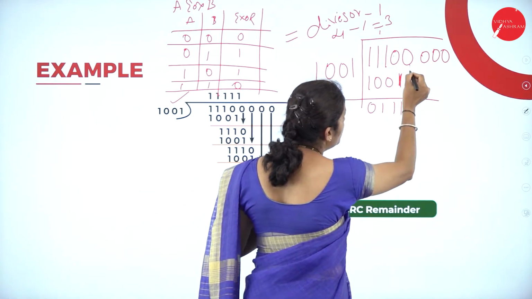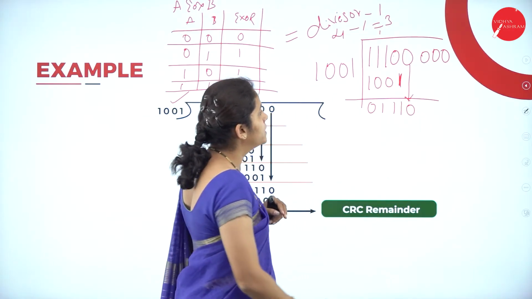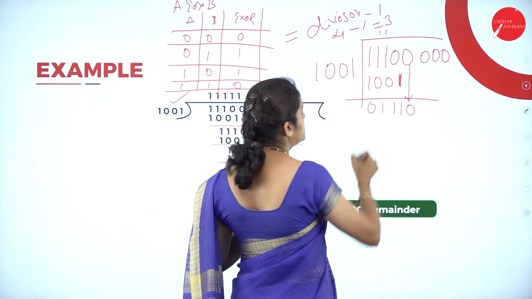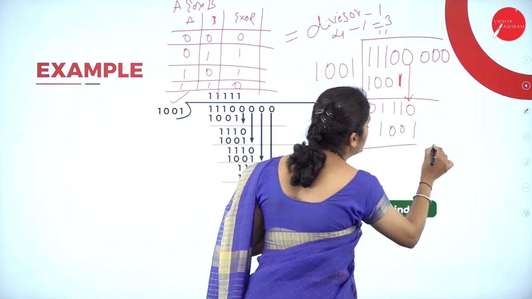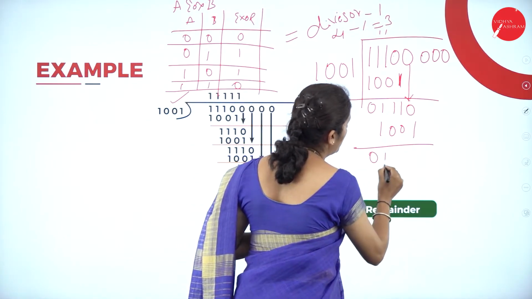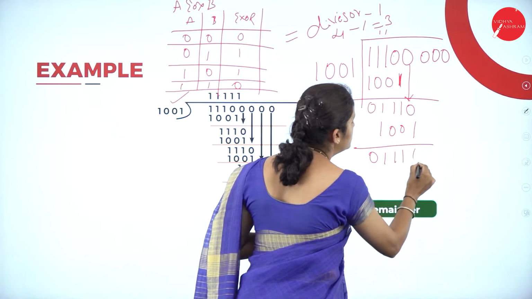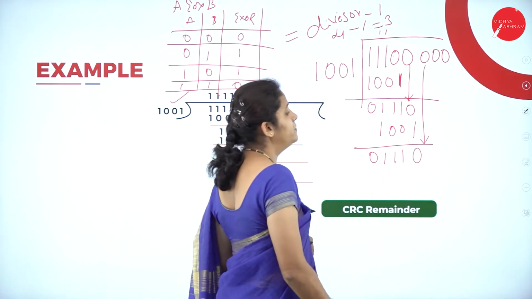Next, I bring down this 0 and place it here. Once again it is 0, 0, 0, 1, and the value I get is once again 0, 1, 1, 1, 0. So I bring this one here.